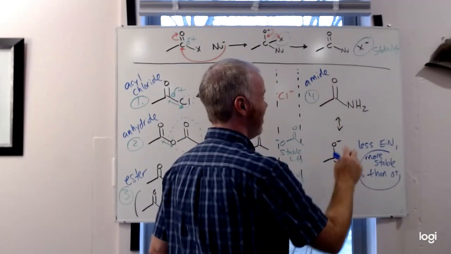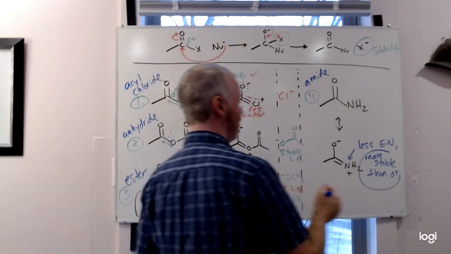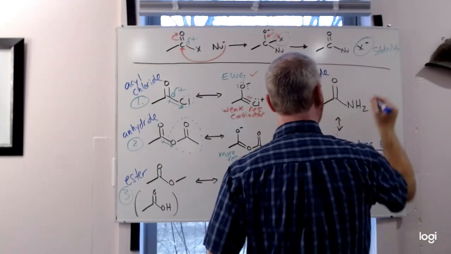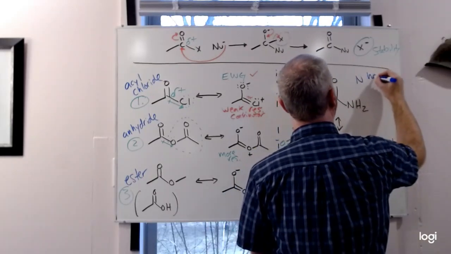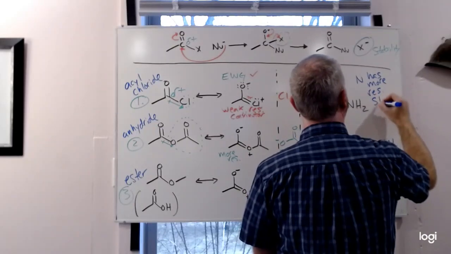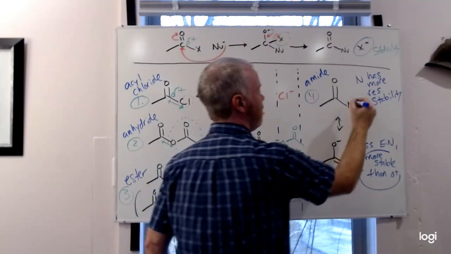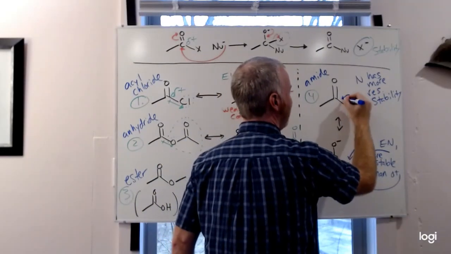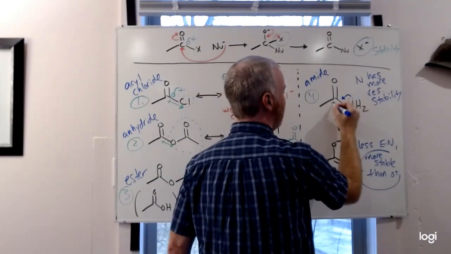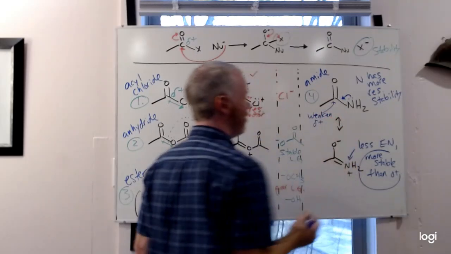So that means that nitrogen is going to donate more electrons by resonance than the oxygen. Right? And so if we're donating those electrons in, right, that's going to weaken the partial positive around that carbon.